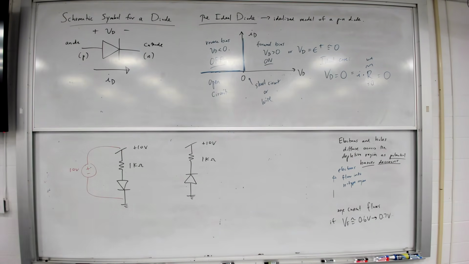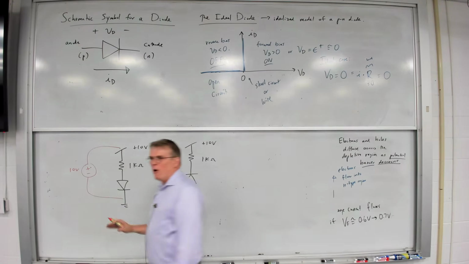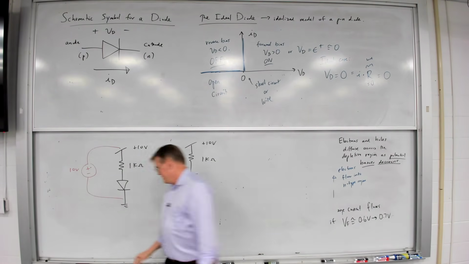But in order to make this schematic neater, I'm not going to bother to draw it. So I'm just going to draw this plus 10 volt terminal, but you know that voltage source is there. This kind of shorthand is incredibly common. It's going to be used right off in the book, and you need to start getting used to it. You're not always going to see every element drawn. They're only going to be implied.